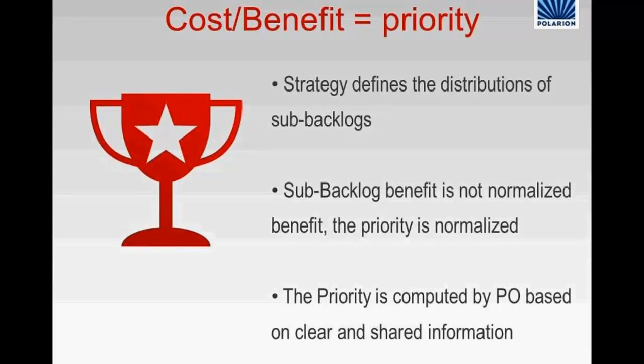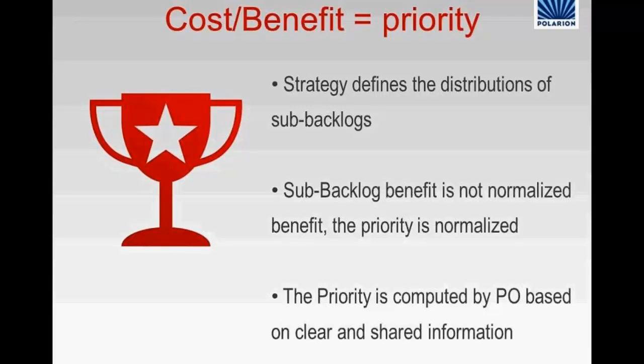You don't have a number that is somehow common. So you don't want to compare the priority of customer enhancements with the priority of the user story of a strategical improvement, because this is almost impossible. But you can always compute the priority for each backlog separately.